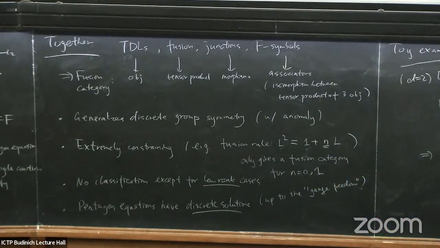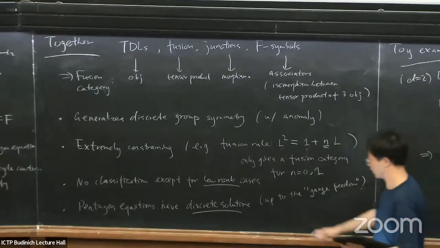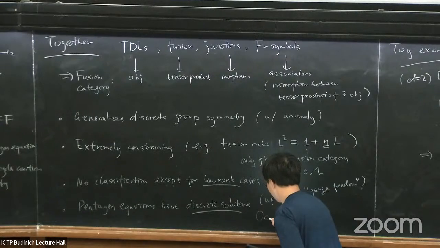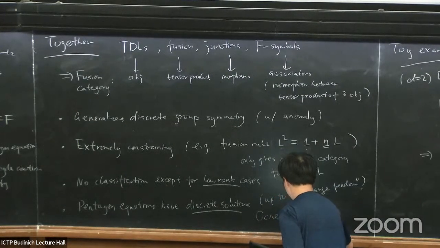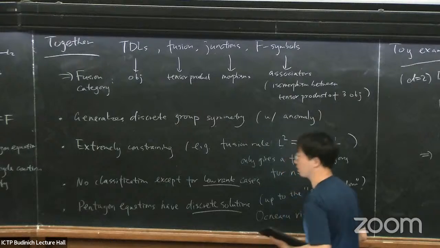And this is very nice. Mathematically, this is known as the Ocneanu rigidity. This is something that the mathematicians have proved.